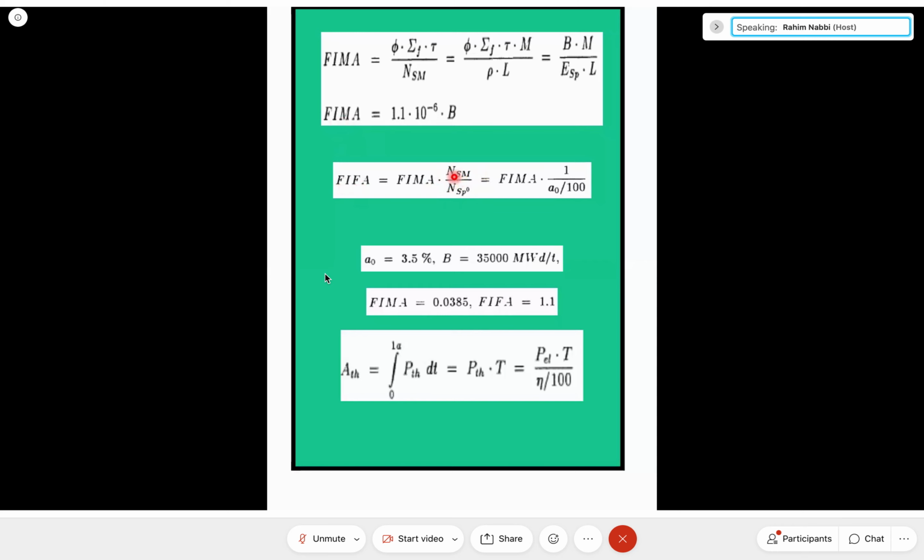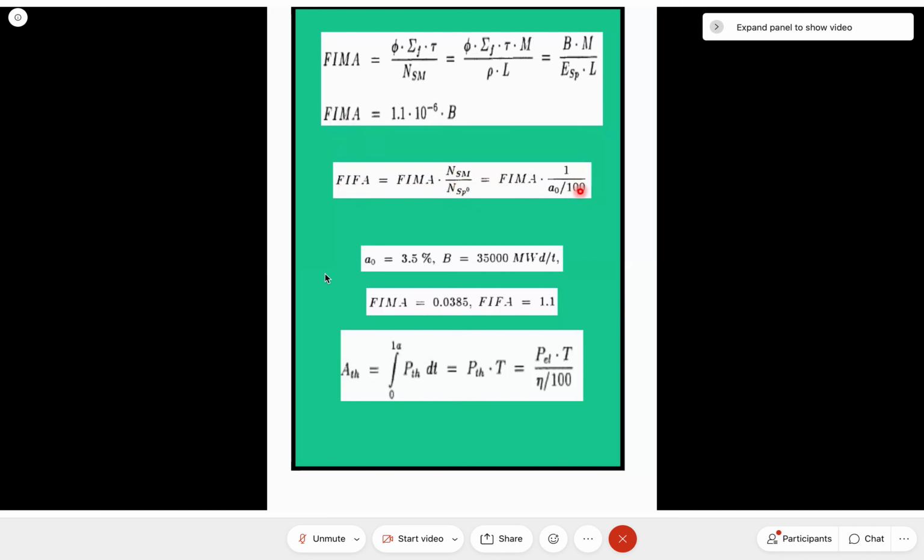For this reason, the relationship between FIFA and FEMA is only this term. That means the number density of heavy metal, all uranium, plutonium, neptunium, and so together, and this is the initial number density of fissile, that means fissionable, uranium-235. And you remember, the number density of fissionable material divided by the number density of all heavy metals is called enrichment. For this reason, the relationship gets FEMA divided by enrichment.